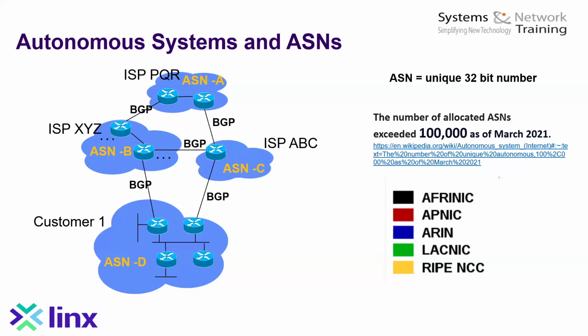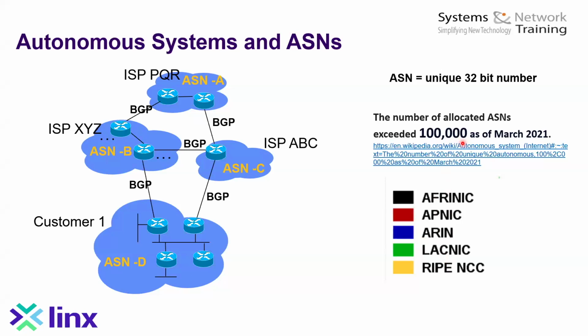Now, these autonomous system numbers are issued by these 5 internet registries, as I said here, and you have to register your autonomous system, like I mentioned before. Over 100,000 of these autonomous systems have been registered with the registries, although there are about 30,000 odd ASNs actually seen in the internet.